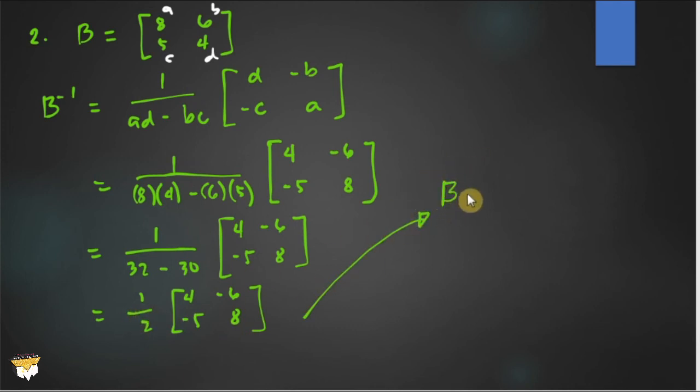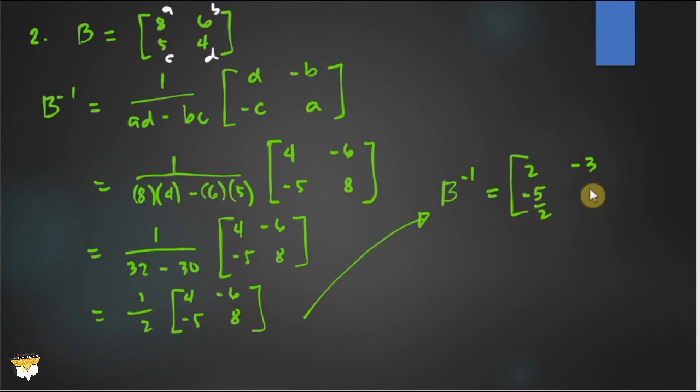So the inverse now of matrix B is equal to 1/2 times 4 is just equal to 2. Okay? Then 1/2 of negative 6 is of course negative 3. And 1/2 of negative 5 is negative 5 over 2.